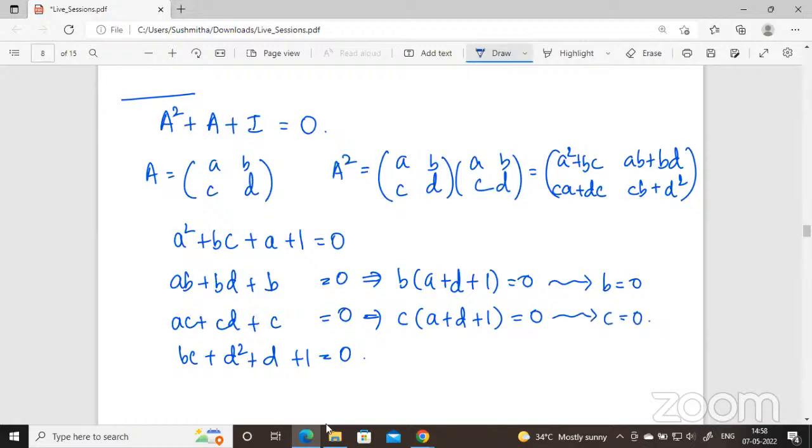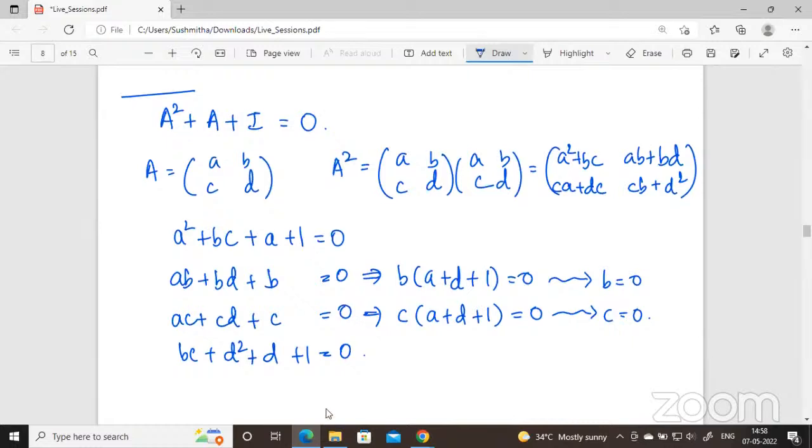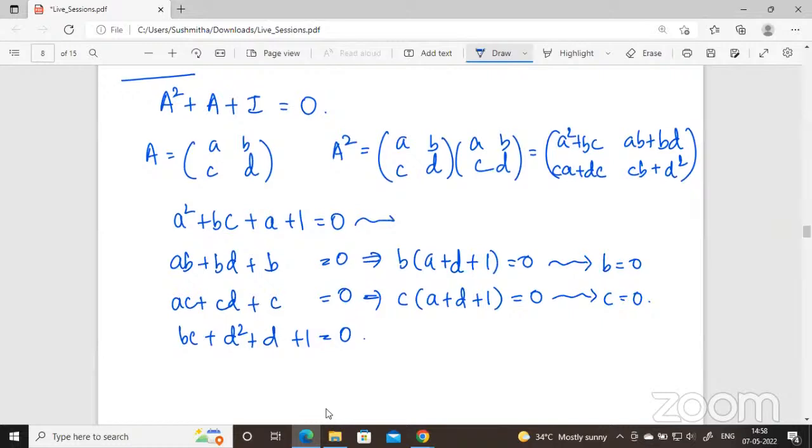If b and c are 0, this becomes a squared plus a plus 1 equal to 0. We get a complex number, not a real solution. Okay, then maybe we won't put b or c to be 0. Let's put a plus d plus 1 to be 0.